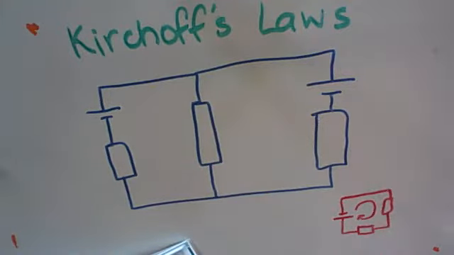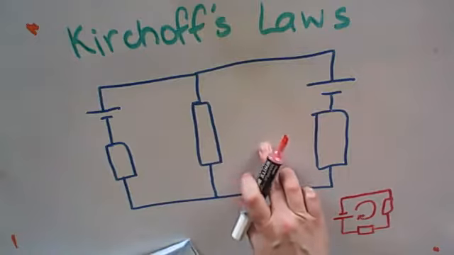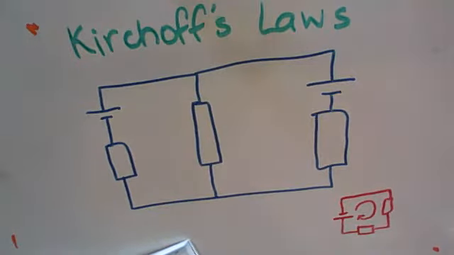So between these 2 laws, the node law or the current law and the loop law or the voltage law, this explains all DC electrical circuits. From that, in this one here, you would be able to determine, if you knew a few various things, what currents are flowing and in what direction.